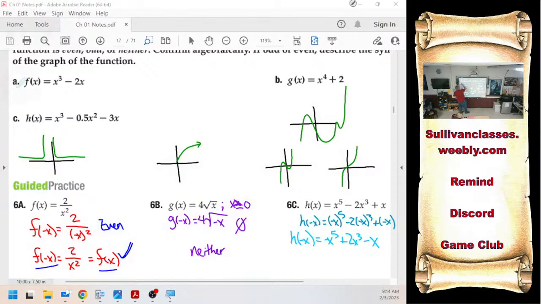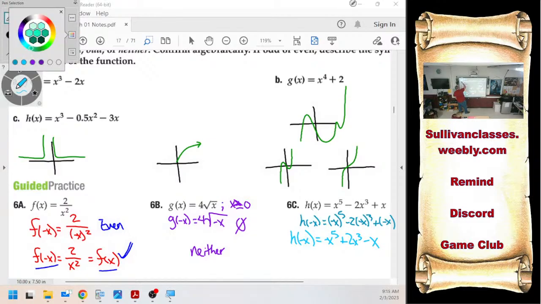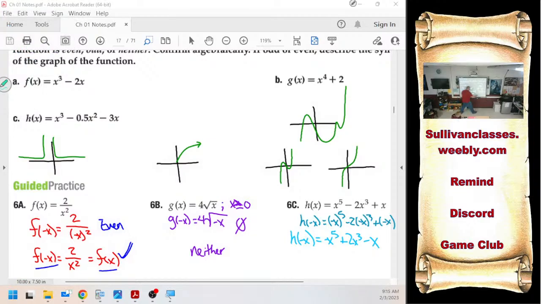And if everything switches, that means h of negative x was negative this guy: x to the 5th minus 2x to the 3rd plus x. So h of negative x made negative h of x. That's odd.